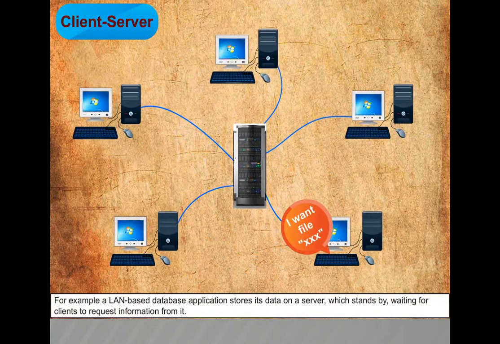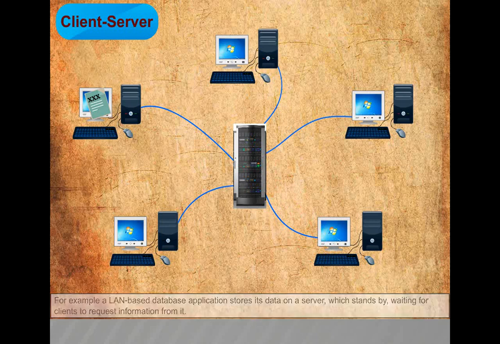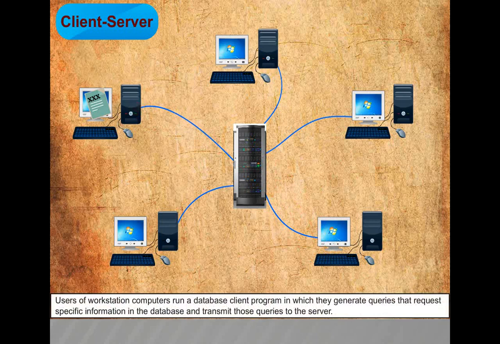For example, a LAN-based database application stores its data on a server which stands by waiting for clients to request information from it. Users of workstation computers run a database client program in which they generate queries that request specific information in the database and transmit those queries to the server.